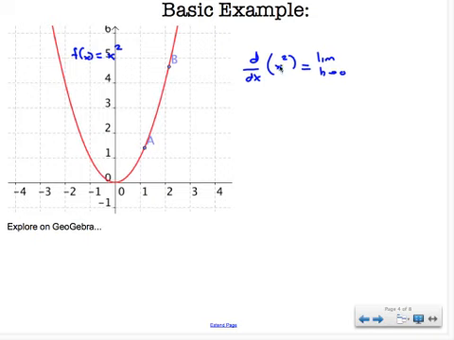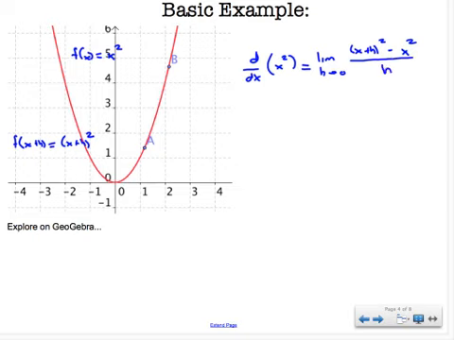So what is f of x? f of x is x squared, so f of x plus h will be x plus h squared. We're inputting x plus h in for the variable x. So we have x plus h squared minus f of x. f of x is given, is x squared, all over h.